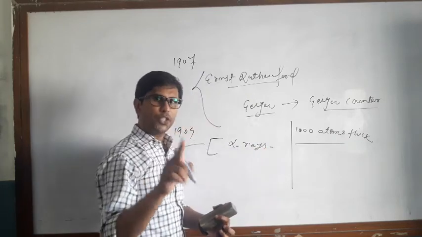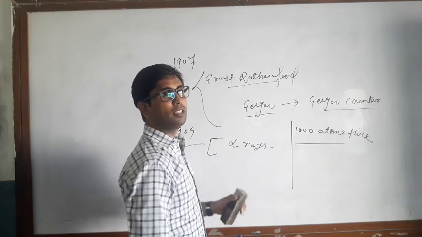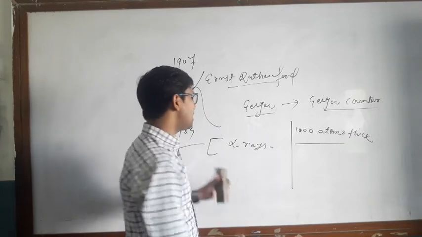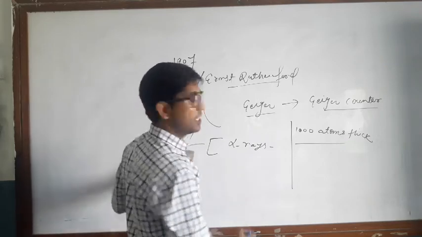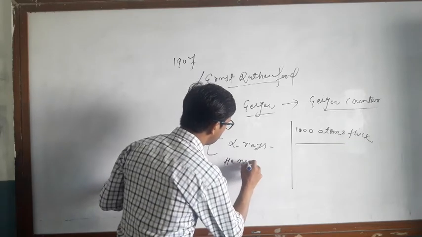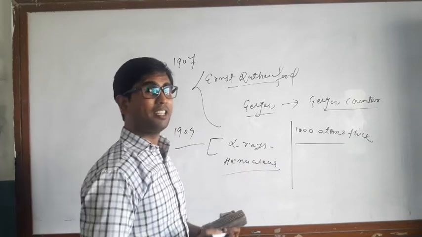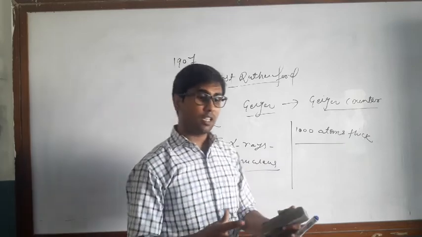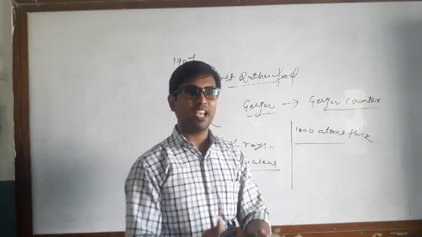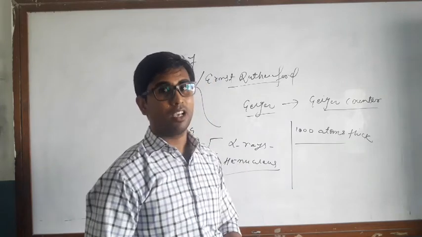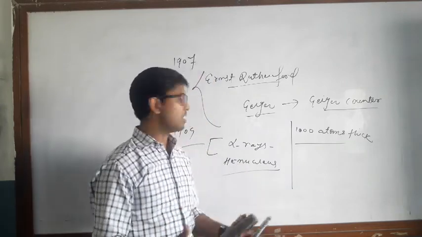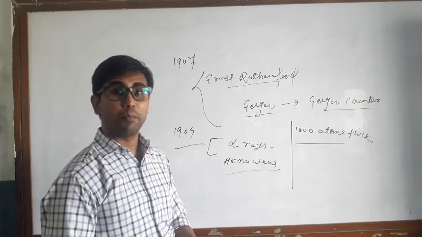I had told you that the particle present in alpha rays is the helium nucleus. The helium nucleus is the particle which creates a ray, and that ray is called an alpha ray. So an alpha ray is actually a beam of helium nuclei.